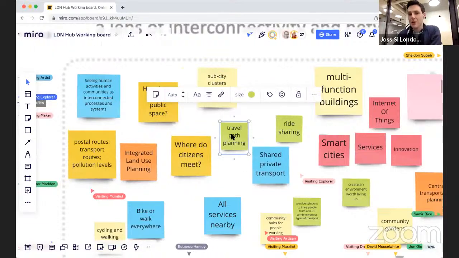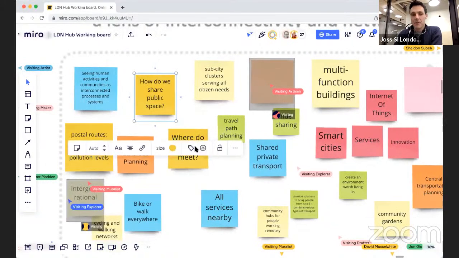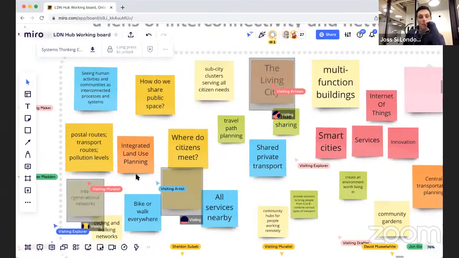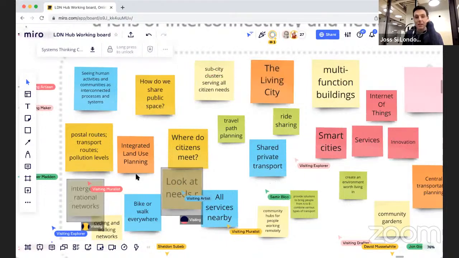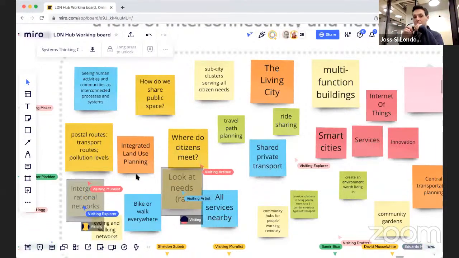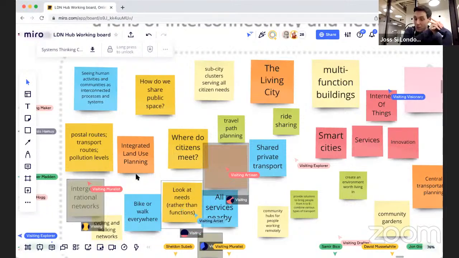Okay, travel path planning, shared private transport. How do we share public space? Integrated land usage, bikes or walk everywhere, all services nearby. Yeah, thinking about connectivity. How connected are people to the things nearby to them? Community hubs for people working remotely.